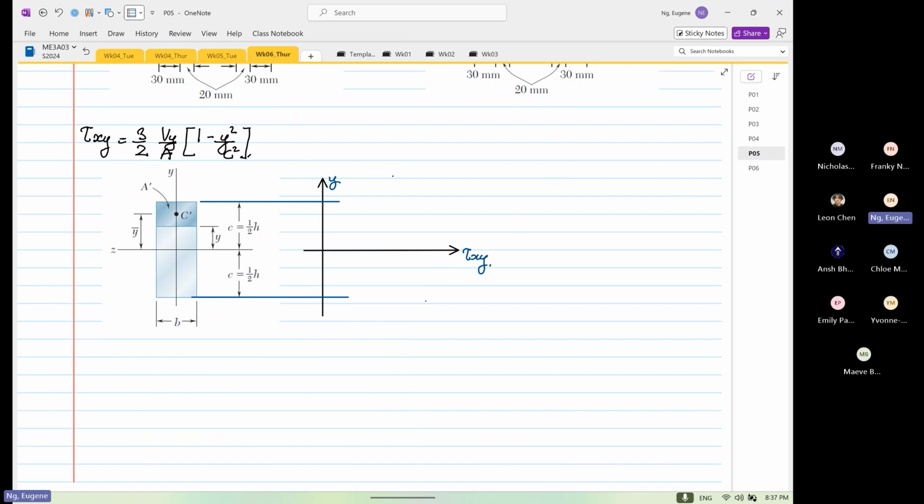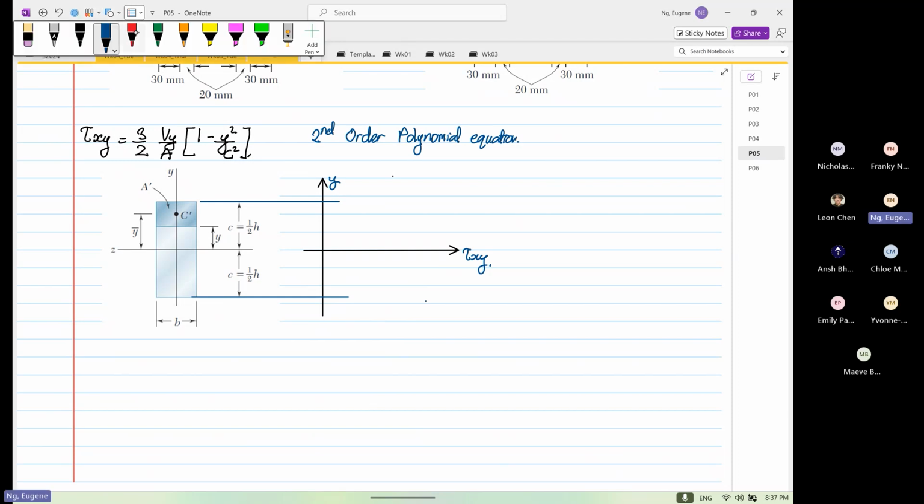Okay. And by looking at that formula, the parent function, this is basically a second order polynomial equation. And it will look like this.